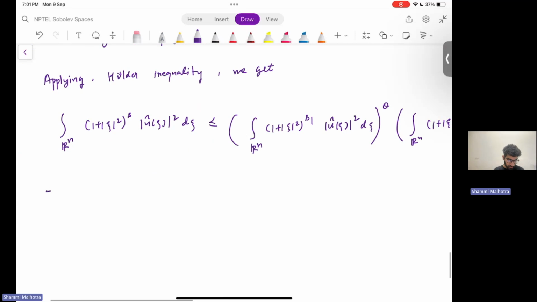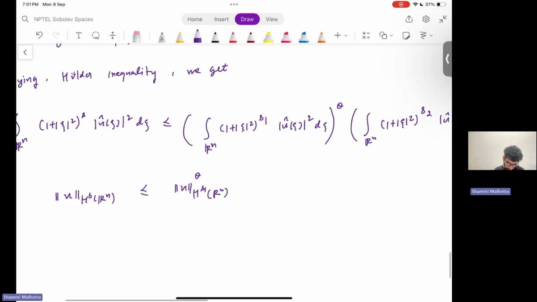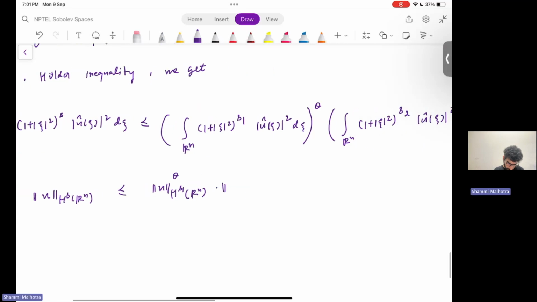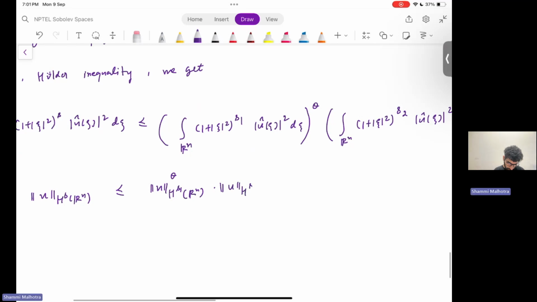So this implies that the H^s norm is less than or equal to the H^s1 norm to the power theta, into the H^s2 norm to the power 1 minus theta. So this is the inequality which we want.